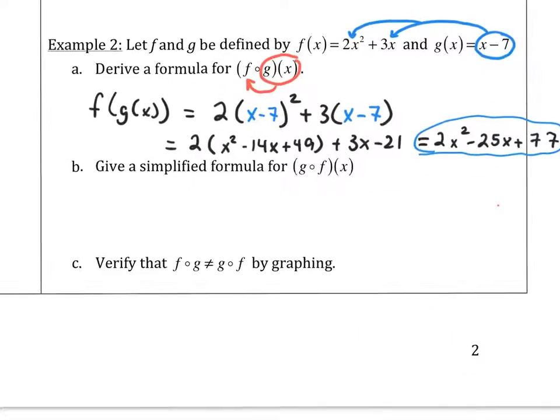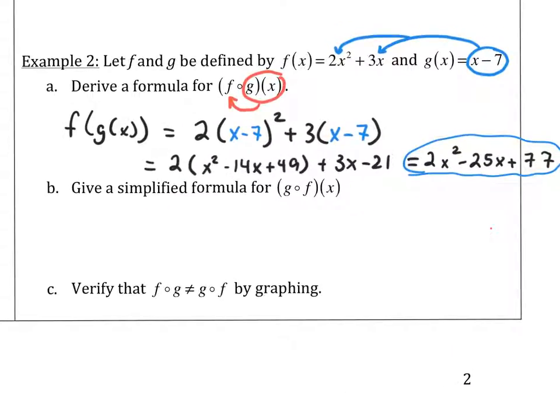So what about the other one? This time I'm going to take f of x and embed that into g of x. So this whole function is now going to be substituted over there. All we simply say is 2x squared plus 3x gets substituted into the g of x.